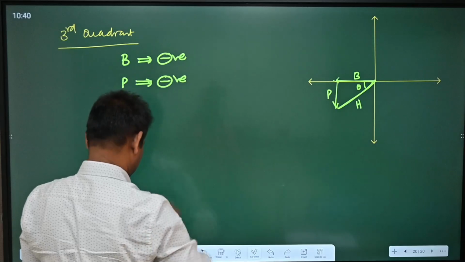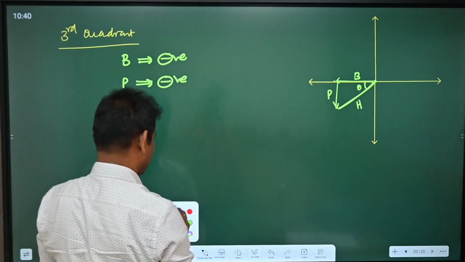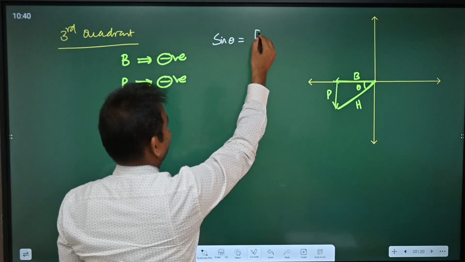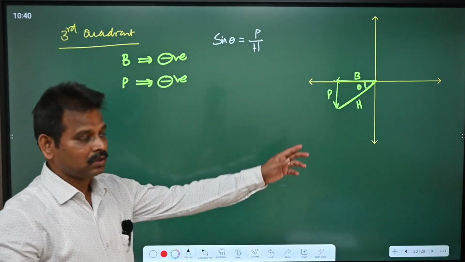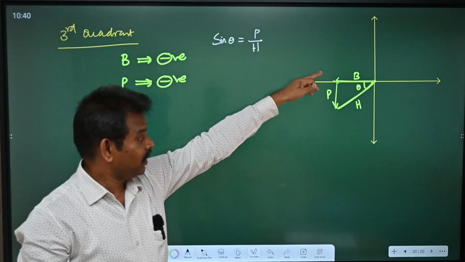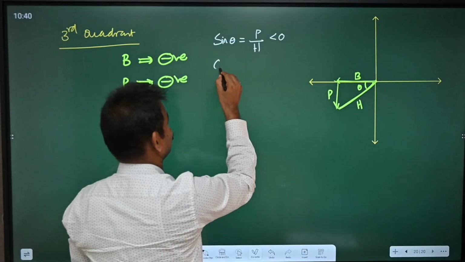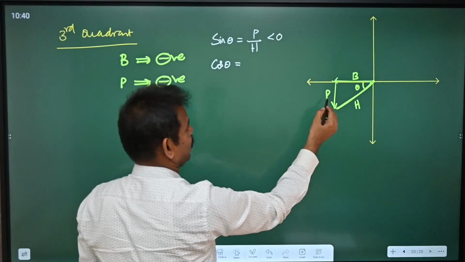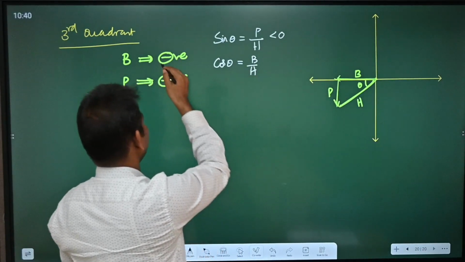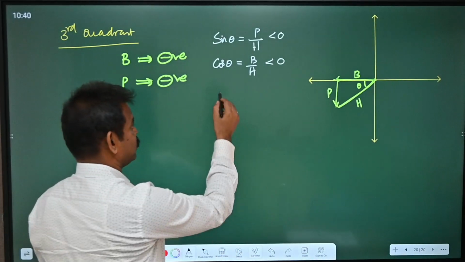Now sine theta is equal to perpendicular by hypotenuse. You can see perpendicular is negative because we are measuring this along the negative y-axis. This will be negative. Cos theta, if you take base by hypotenuse, base is also negative, so cos theta will be less than 0, negative.